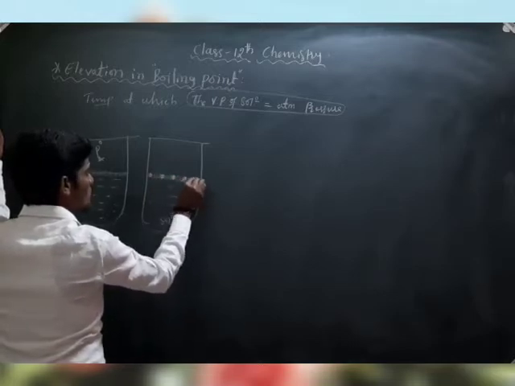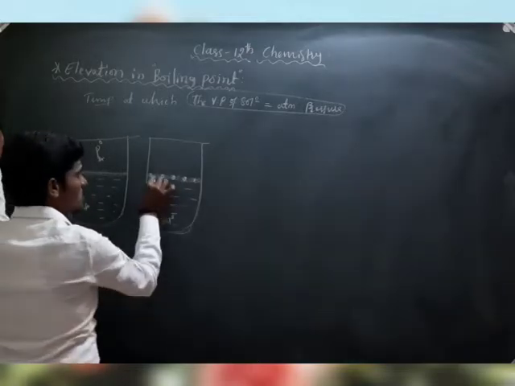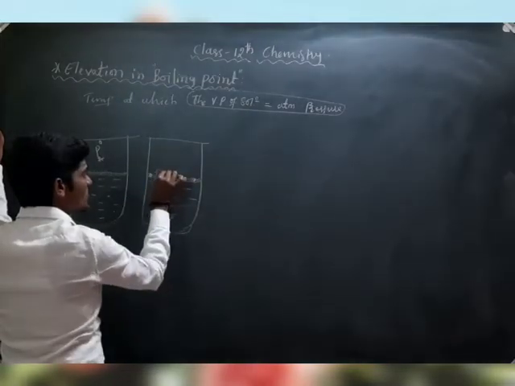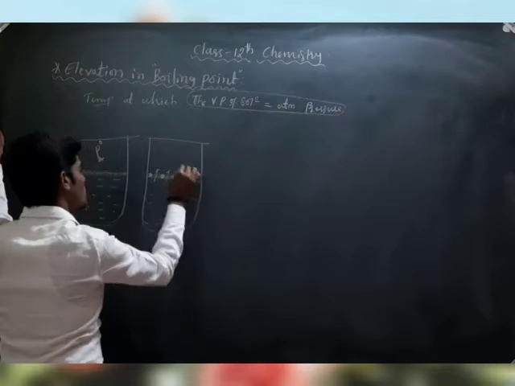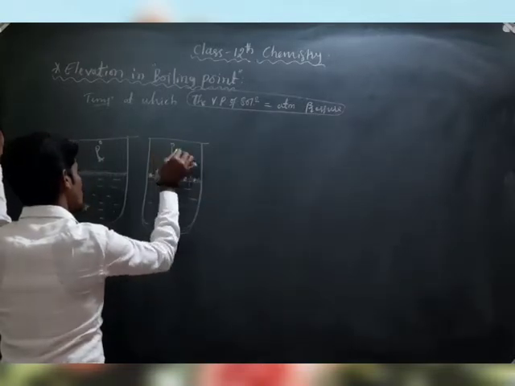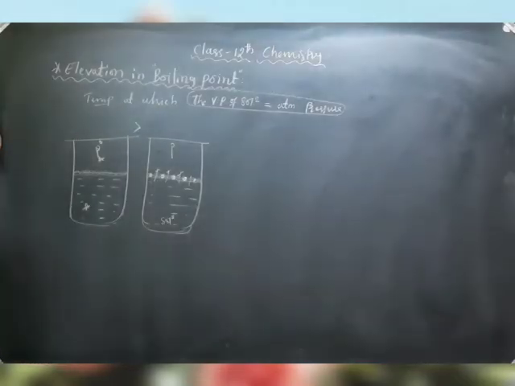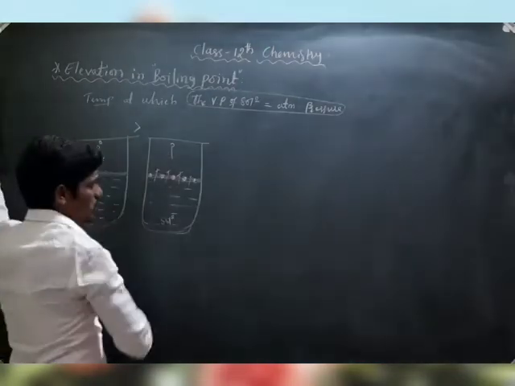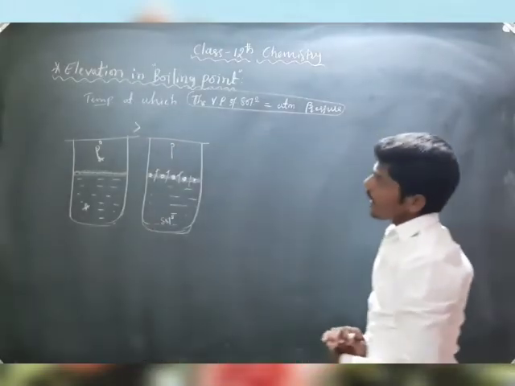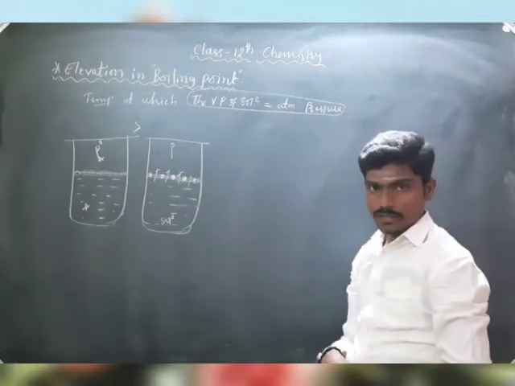Solute particles occupy some of the surface, so the escaping tendency of the liquid becomes less and vapor pressure decreases. So the vapor pressure of the solvent is greater than the vapor pressure of the solution.